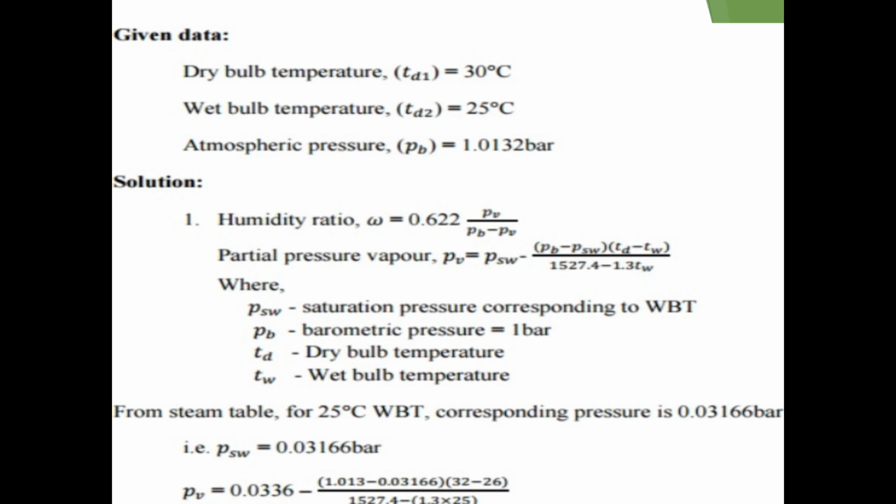From the steam table, for the wet bulb temperature of 25 degrees Celsius, the pressure is 0.03166 bar. So PSW is equal to 0.03166 bar.